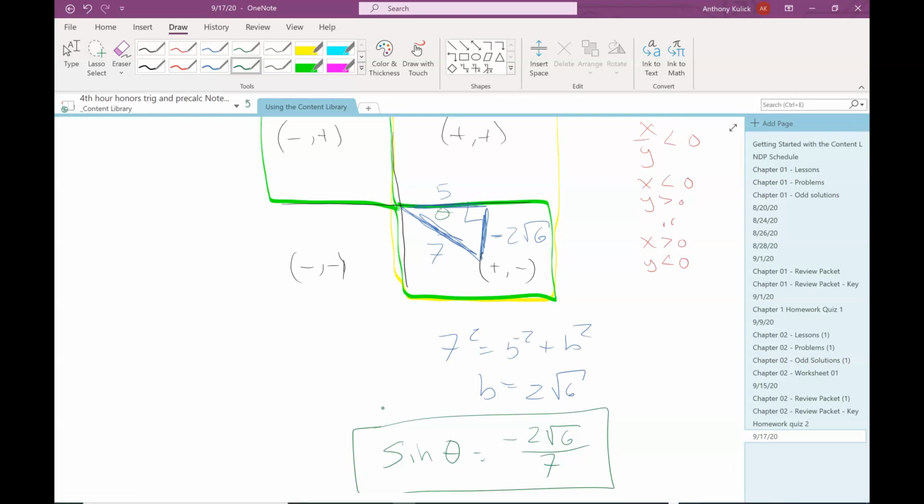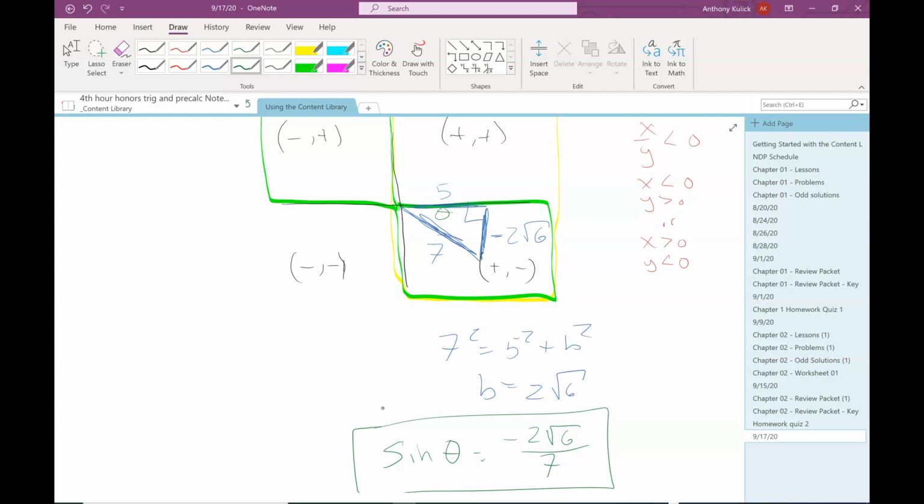Now you'll notice a couple of things when I've been doing these problems. You'll probably have noticed me going back and forth between the right triangle definition and the angle of rotation definition and this unit circle definition, moving fluidly back and forth between these so that I can do things quickly. That is an important skill to develop. Understanding the relationship between these 3 different ways of defining sine, cosine, and tangent so you can do things quickly and easily is really important.